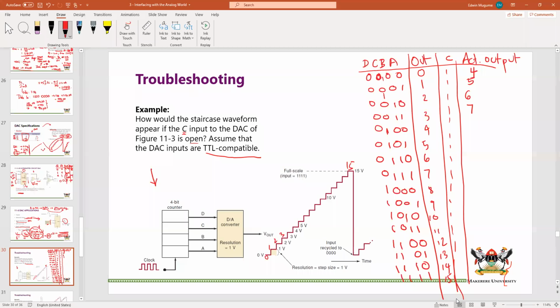Then we come here, we see, yeah. Then we come and we see that we have 0, 1, 0, 0. Just one moment.